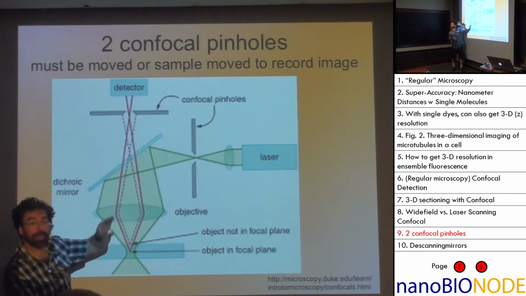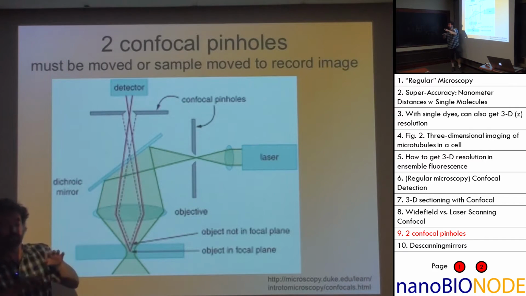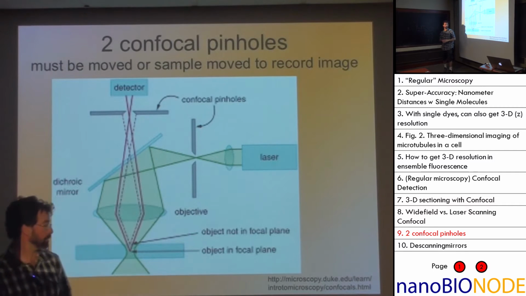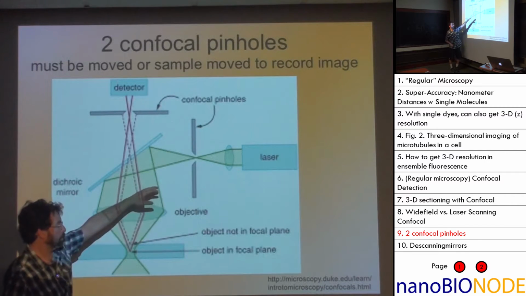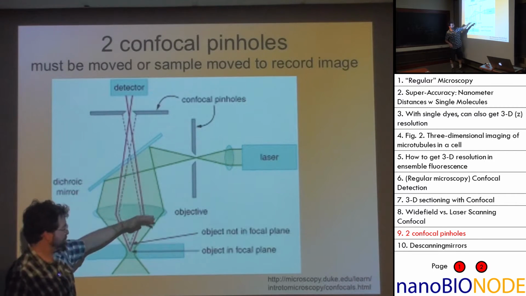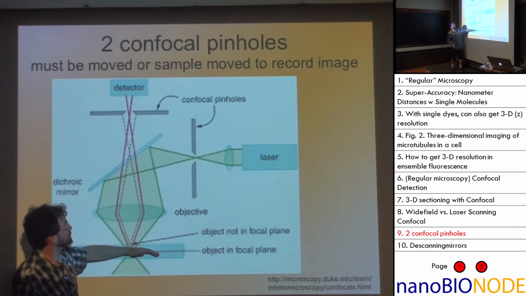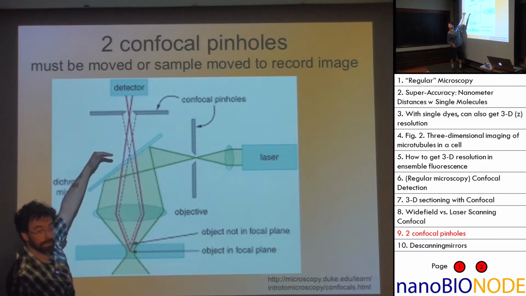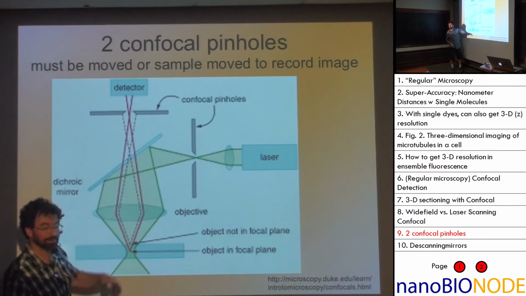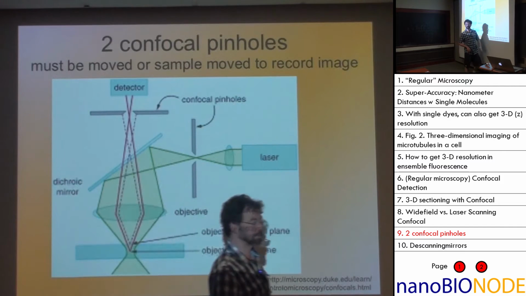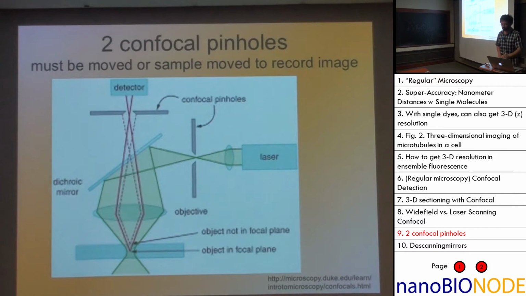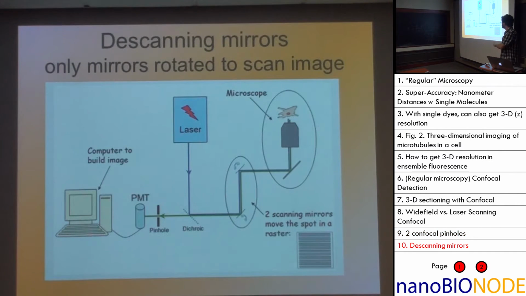And it's a real pain in the butt to get them exactly aligned with each other. So with this pinhole, you're exciting at a certain Z, and you want to make sure you're detecting at the Z. So for this reason, people don't really use this very much.